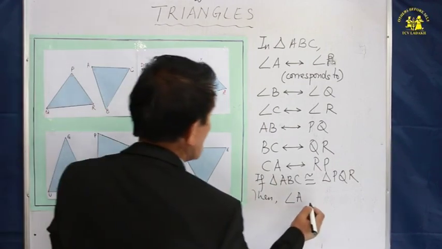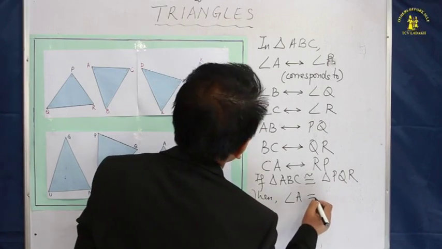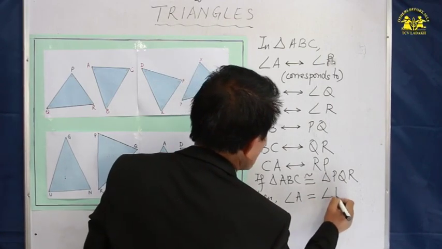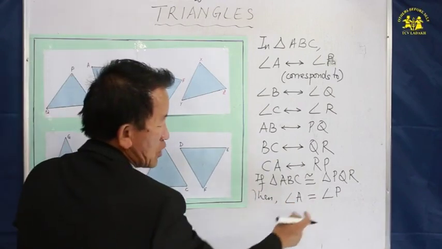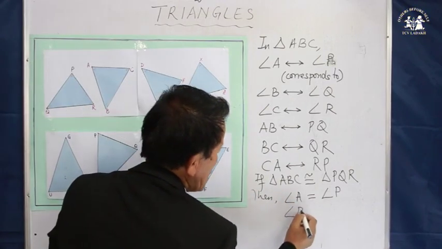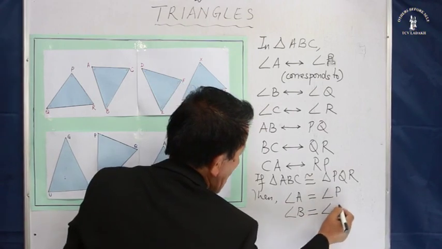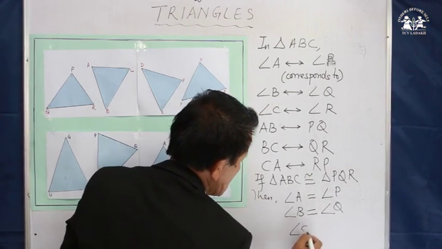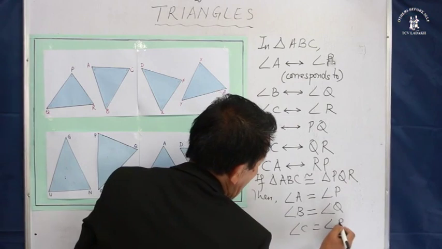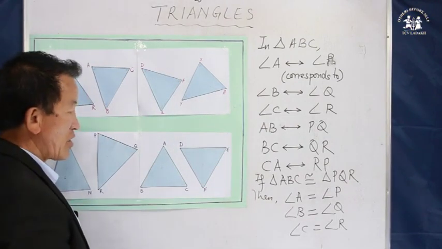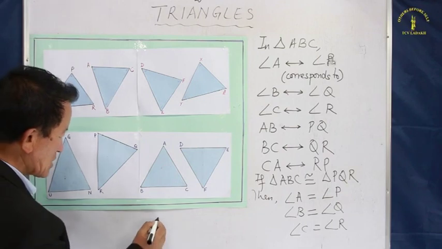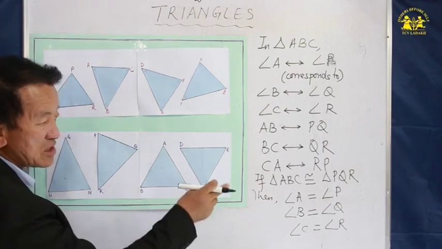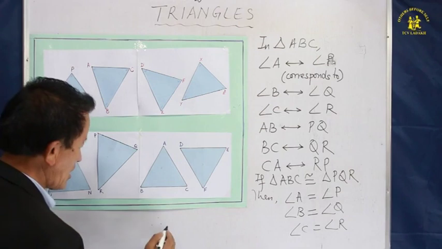Angle A is equal to the corresponding angle of the other triangle. Angle A is equal to angle P. Angle B is equal to angle Q. Angle C is equal to angle R. Right?